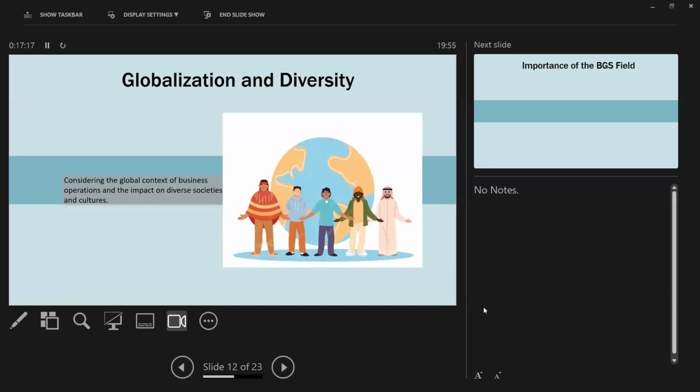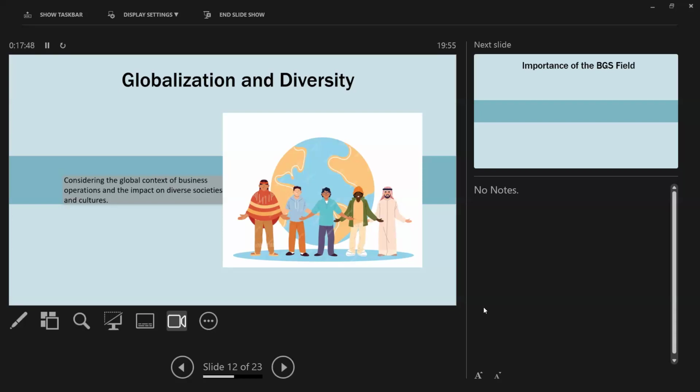Obviously, when people are in a company, they must be able to mix and mingle with diverse societies and cultures. There must not be hate within a company. There must not be discrimination based on color. There must not be discrimination based on looks and whatsoever.